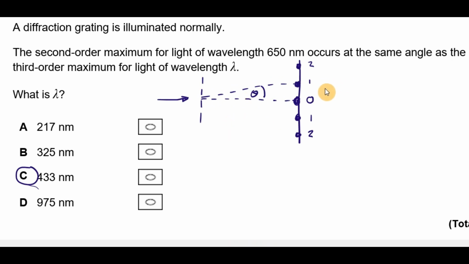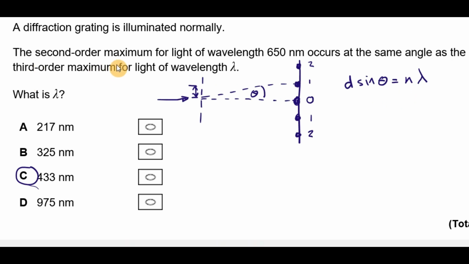And that's given by the equation d sine theta equals n lambda. d is this distance between the slits. Theta is this angle here that we discussed. n is the nth order of the maximum, and lambda is the wavelength of the light.